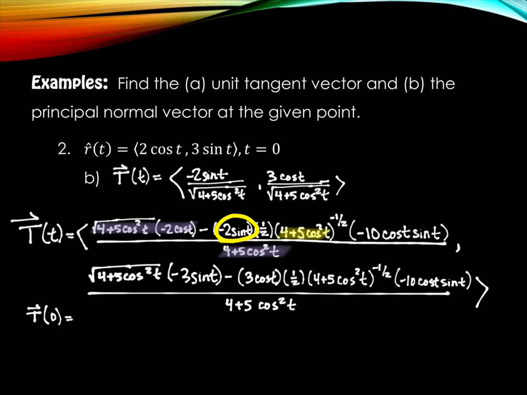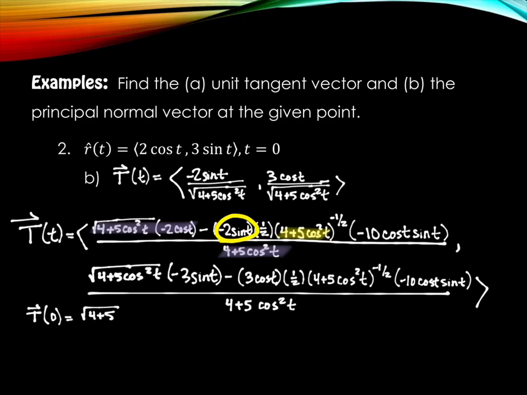Agreed? Okay, and it's not bad because cosine of 0 is 1. So even though it didn't disappear, it became a lot simpler. On the first piece, if I have the square root of 4 plus 5 times 1, I get the square root of 9, which is 3. I'll write it in so you're not wondering where that 3 came from.